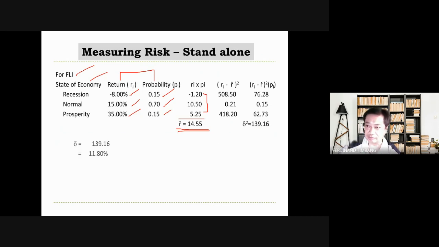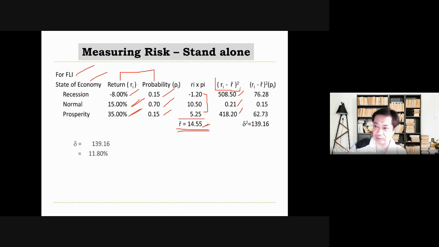Then we take negative 8% minus 14.55 and raised to the power 2. You will get 508.50. Then 15% minus 14.55, raised to the power 2, you get 0.21. And then you have 35% minus 14.55, raised to the power 2, you have 418.20.